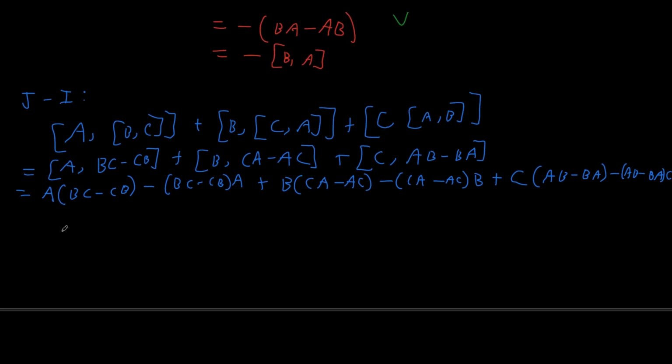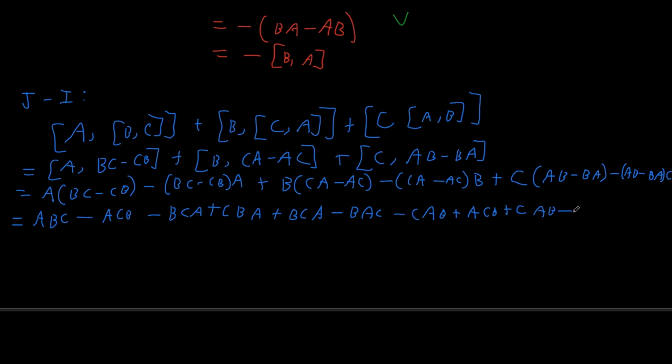So let's go down a little bit. And now we can distribute this entire expression. So what we get here is ABC minus ACB, and of course this is the tedious part, minus BCA plus CBA, plus BCA minus BAC minus CAB, plus ACB, plus CAB minus CBA, minus ABC plus BAC.